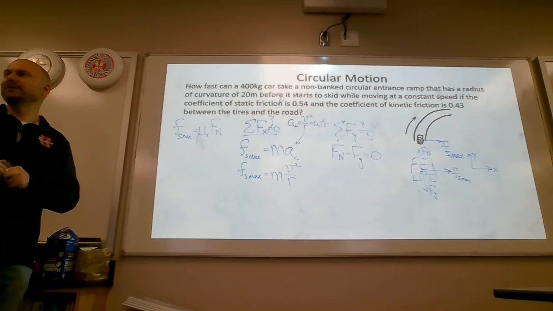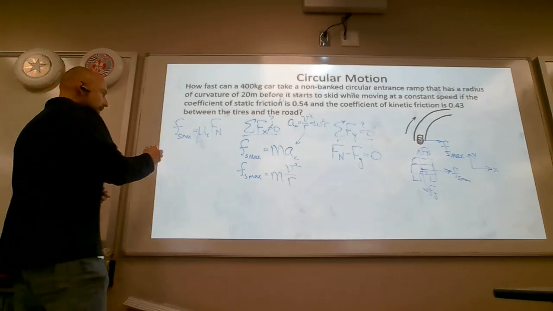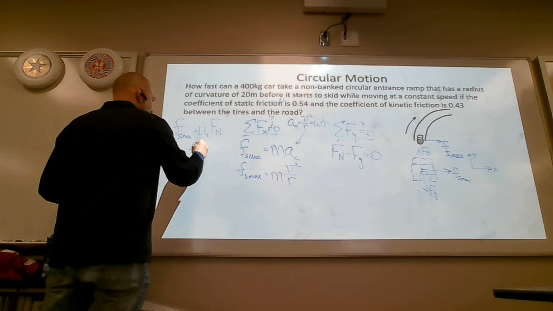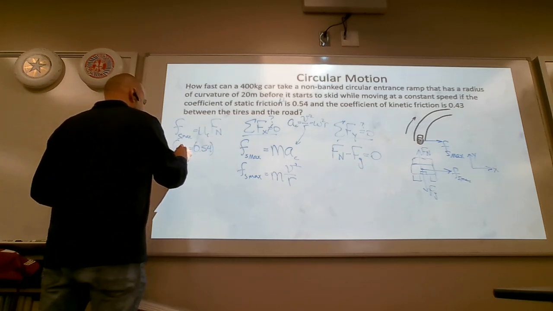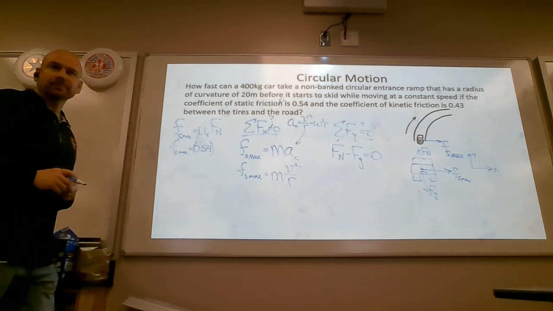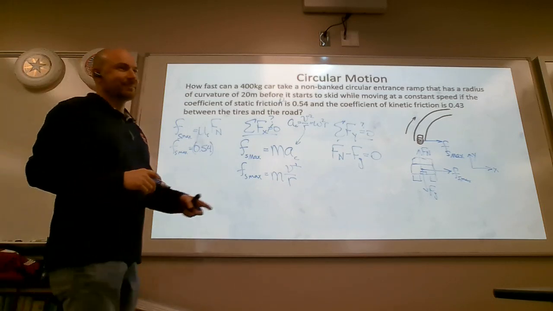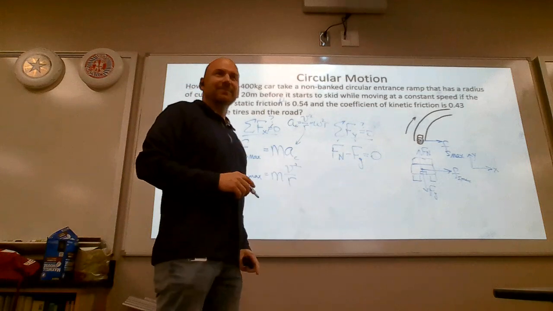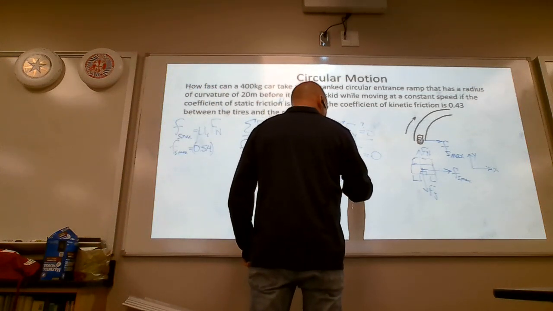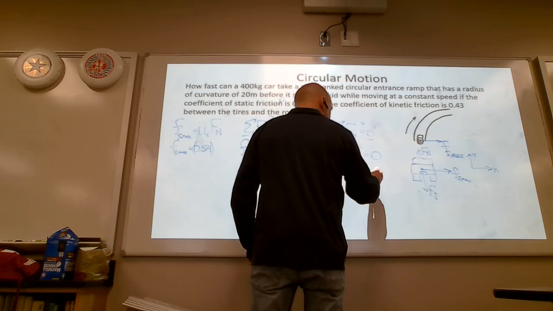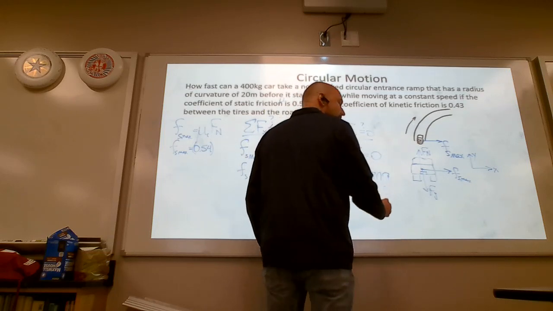Man, I remember doing this. Okay, so I've got 0.54, but how do I find normal force? Over here. So normal force is equal to force of gravity, which, do you remember, that's equal to mass times 9.8.